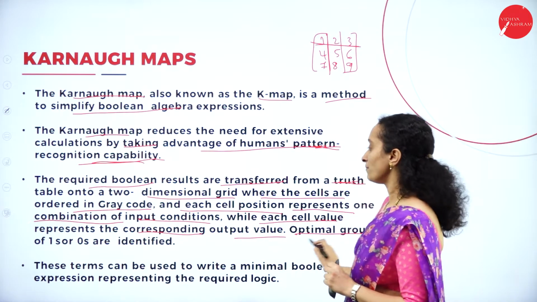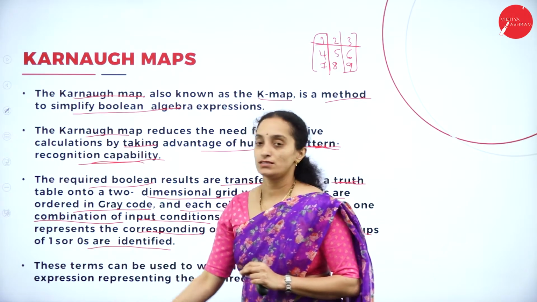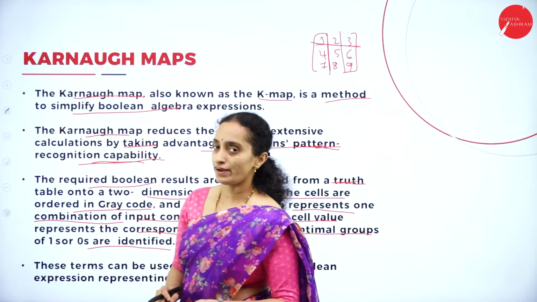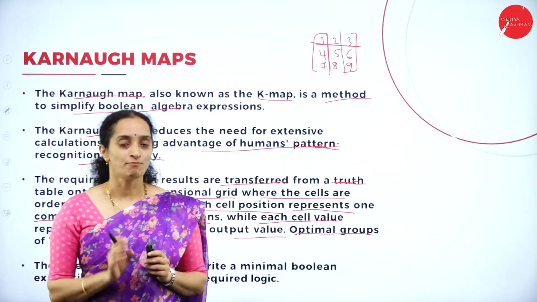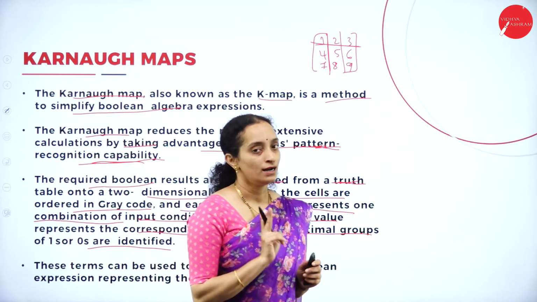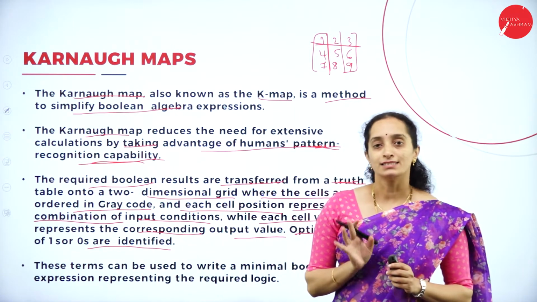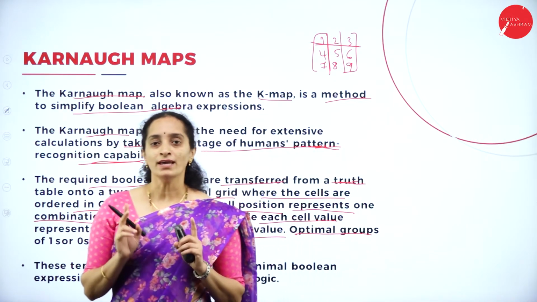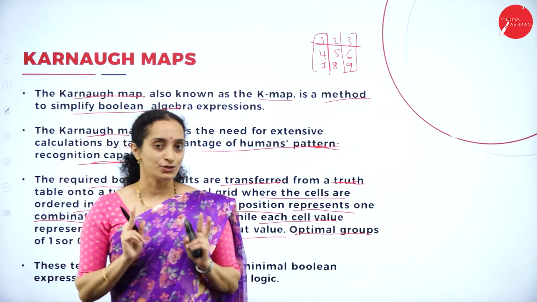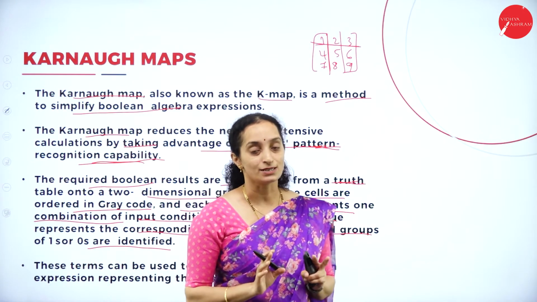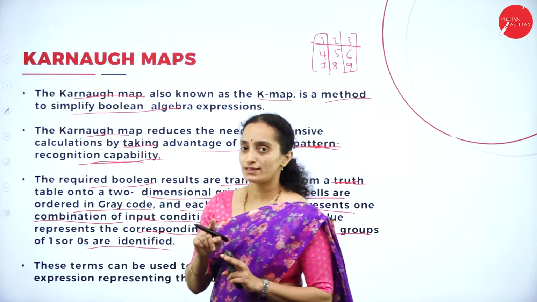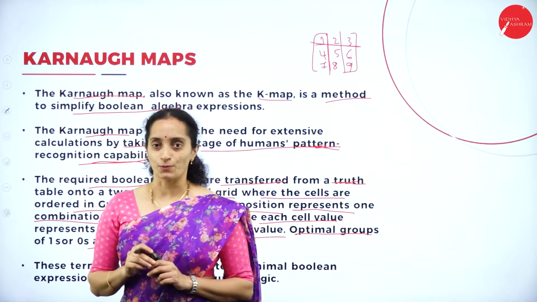Optimal groups of ones or zeros are identified. We are going to identify the minterms and the maxterms using the 1s and the 0s. As we know, everything in digital electronics will be operated only with two values, ones and zeros. So in the Karnaugh map also, we are going to use only the 1 and the 0.